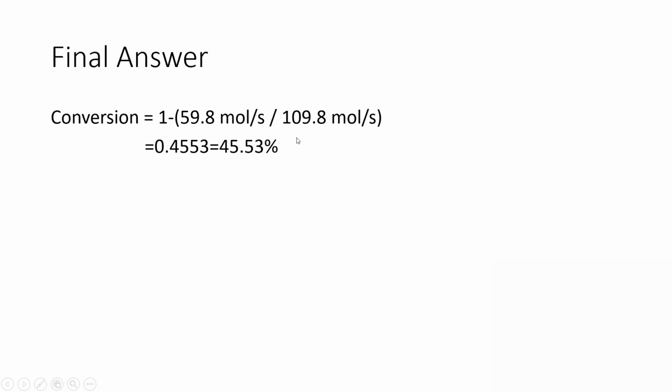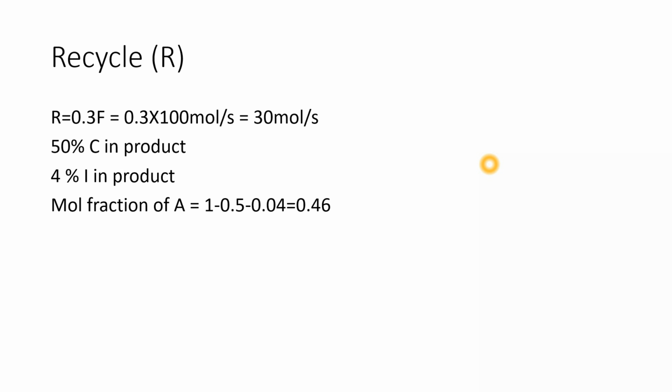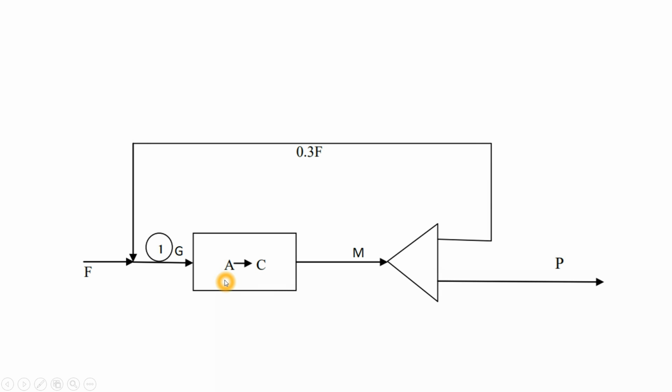Now how will we get the final answer? Since I have already calculated component A in stream M, that is 59.8 mole per second, what will be the conversion? What is the conversion actually? Conversion is given as moles of A entering minus moles of A exiting divided by moles of A entering.